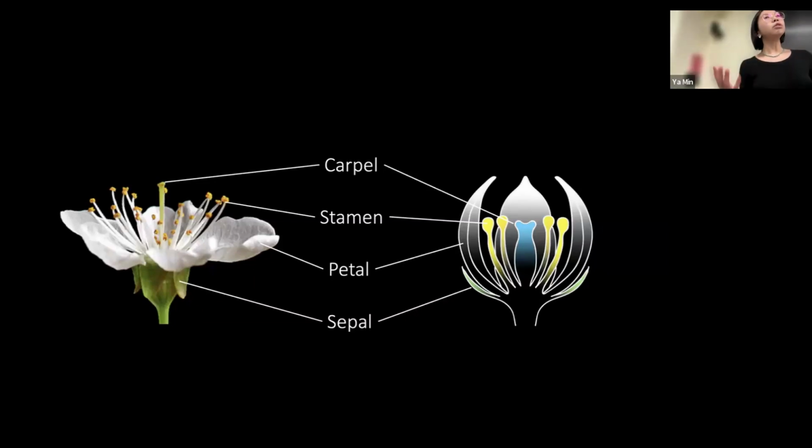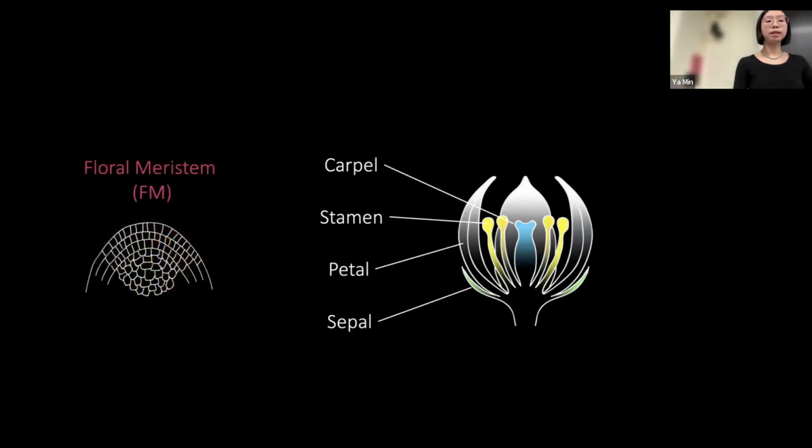So although the final morphology of a flower can be anything it wants, all flowers have the same origin story. They all start from a dome of cells that we call the floral meristem. And within this dome of cells, there's a group of stem cells in the center, and they will produce all the organs in the flower.